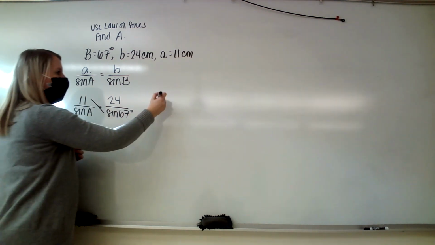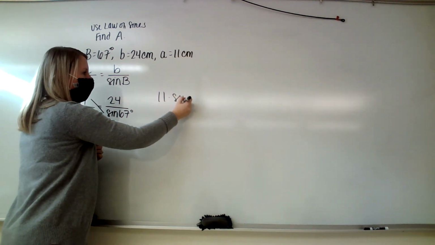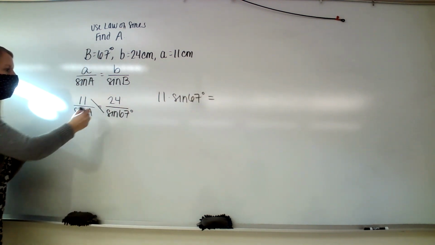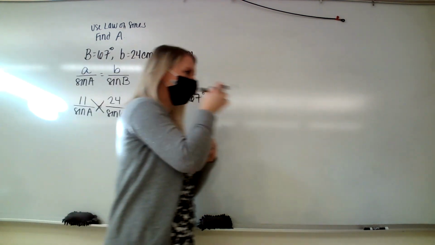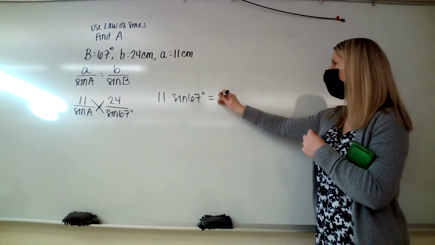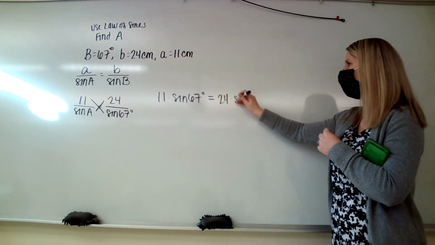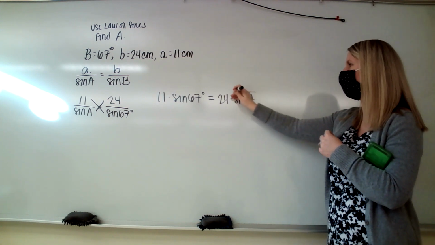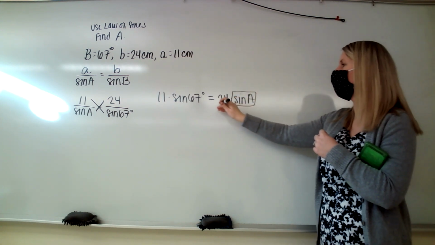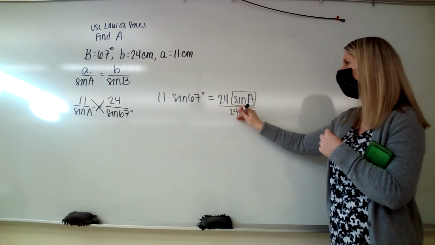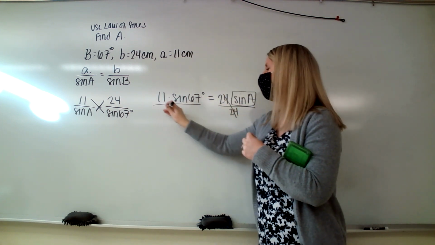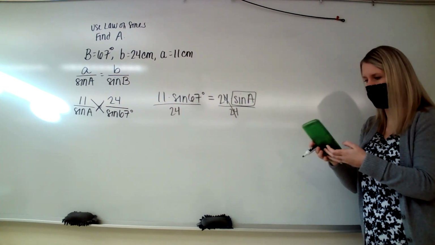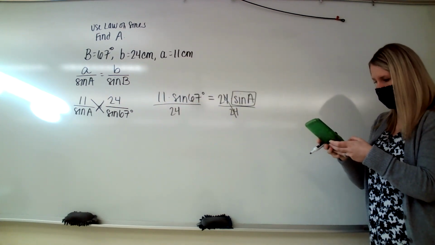So we have 11 times sine of 67 degrees in the middle, and I cross the other way, and I will get 24 times sine of A. Main goal is we want to get this by itself so I can then do the inverse. So I'm going to divide by 24. At that point, I do my calculator just to get that left side and see what it is.